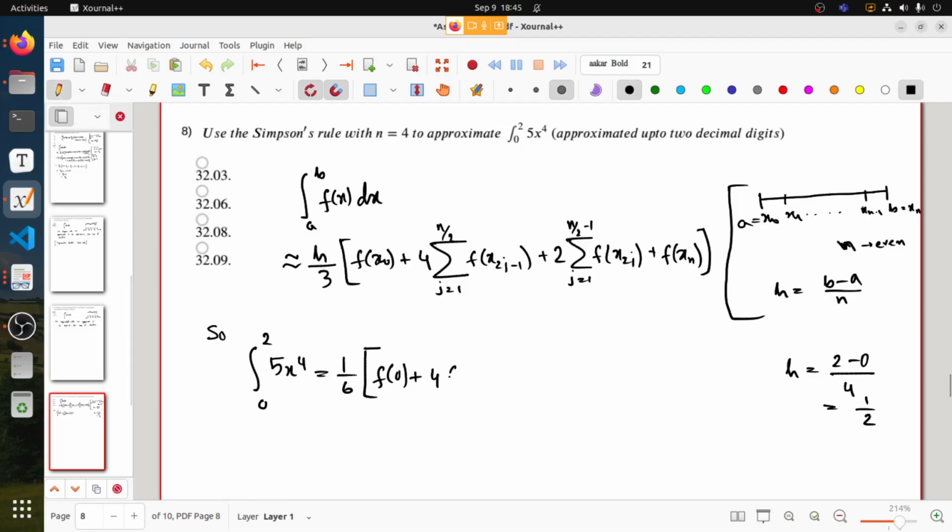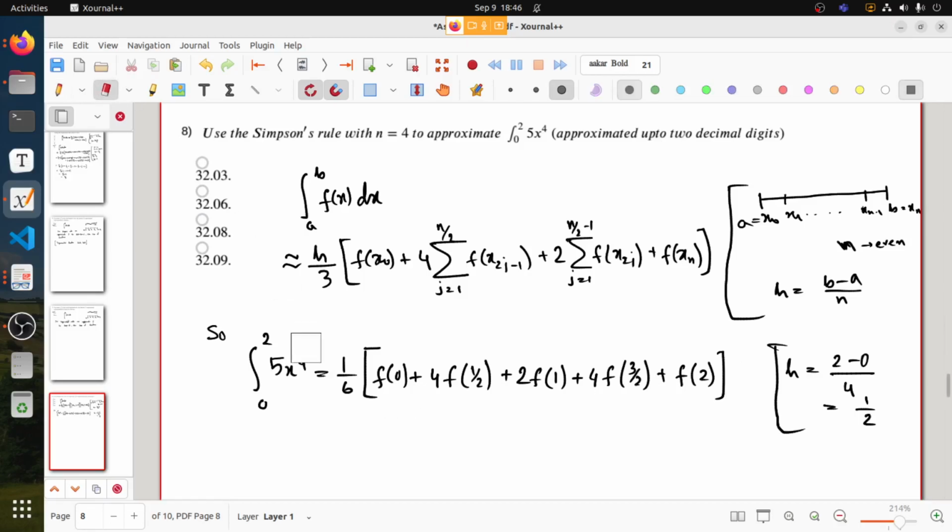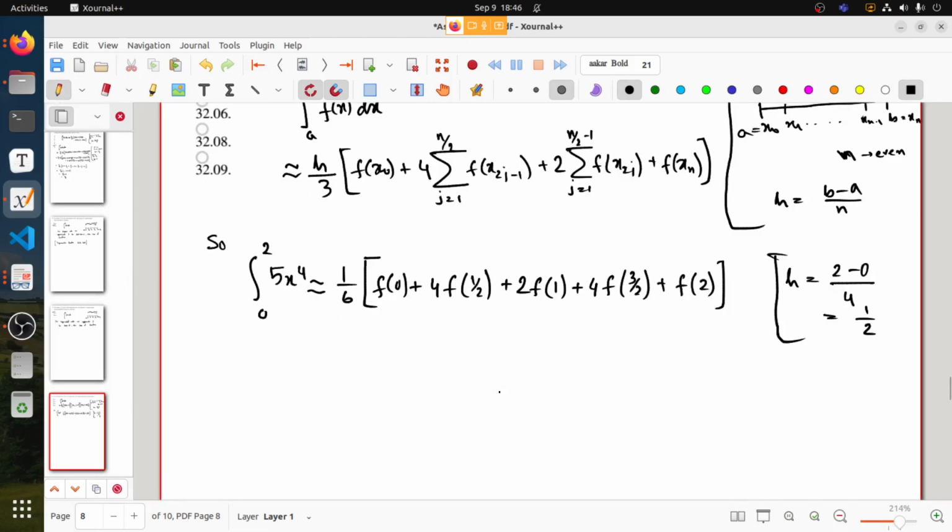Plus, for x2, which is even, 2 f of 1, plus again 4 f of 3 by 2 because it's odd, and now xn will be f of 2. So this integral is approximately equal, not equal, to this.